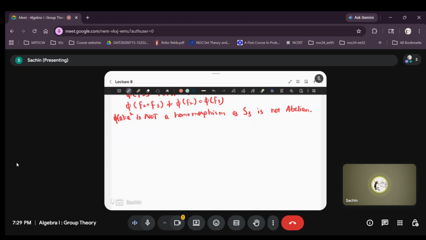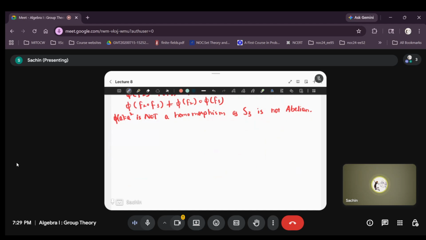So to identify whether a function is a group homomorphism or not, I'll give a necessary condition. That is a condition which needs to be true if the function is a homomorphism, but it's not a sufficient condition.